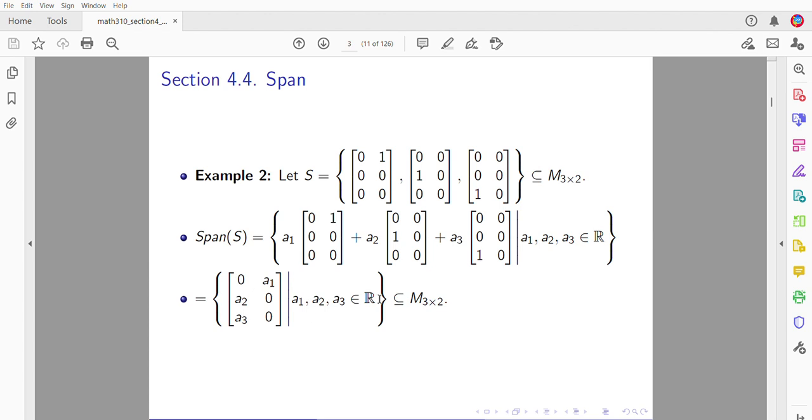So you do not get the entirety of M32, but you get some substantial subset, okay? Because A1, A2, A3 can be any real number, so you get infinitely many matrices, except you don't get the entire set of matrices. I hope the picture is clear.